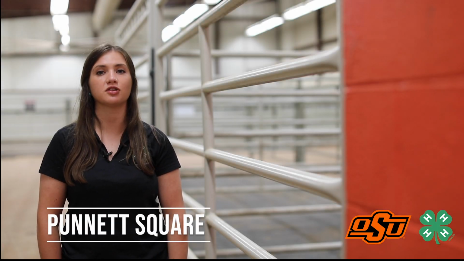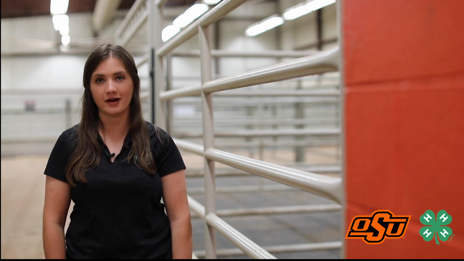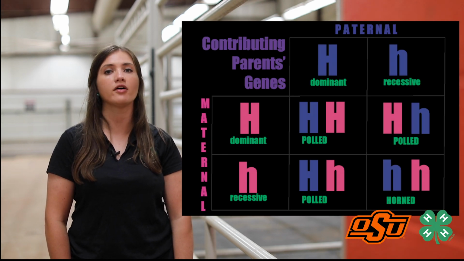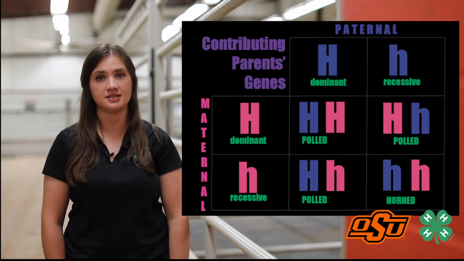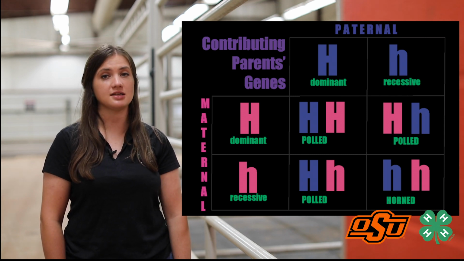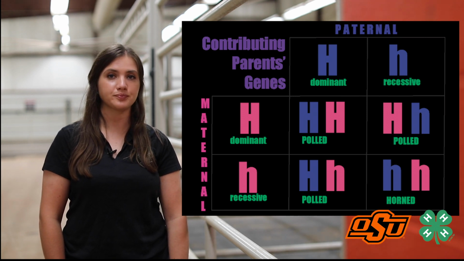Punnett square boxes show the possible combinations of genes that an offspring may receive from its parents. The following diagram of a Punnett square shows all the possible combinations of two gene sets, uppercase H and lowercase h, and uppercase H and lowercase h, and the resulting genetic traits.